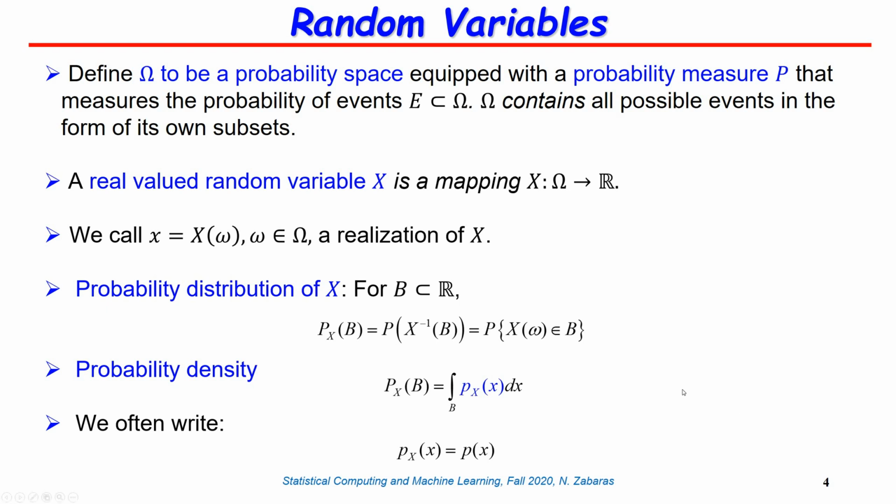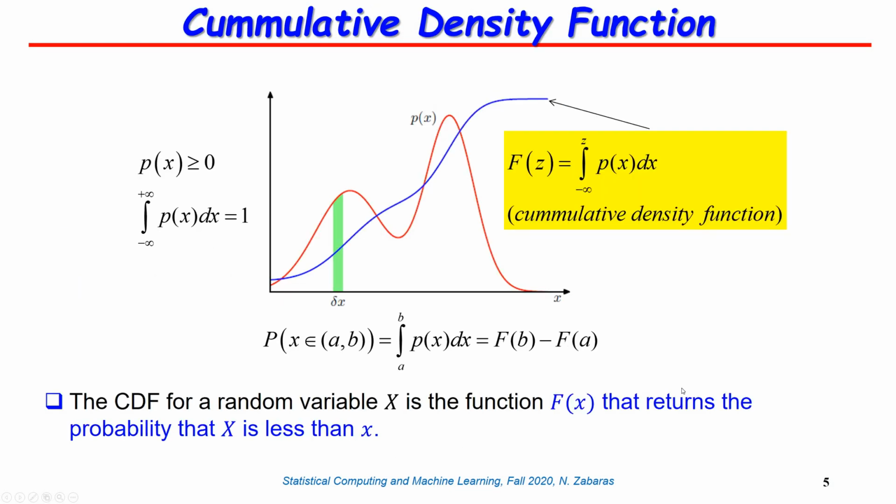All right, so let me plot a few of these things. The probability of little x being in the interval a to b, in terms of the PDF p of x, is given by the integral from a to b of p of x dx, and this is equal to what I call the cumulative distribution function computed at b minus the cumulative distribution function computed at a. And what is this CDF?